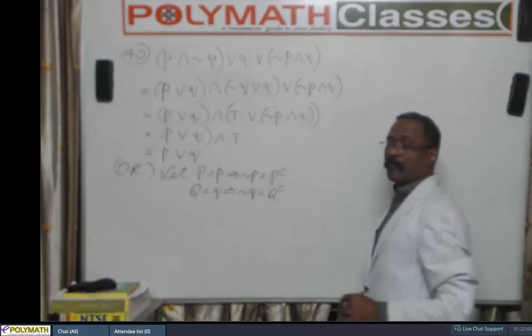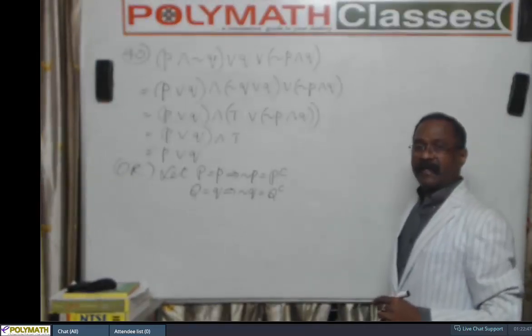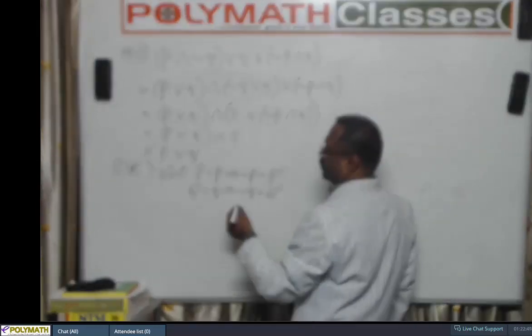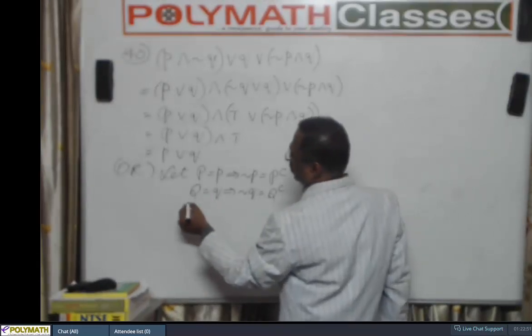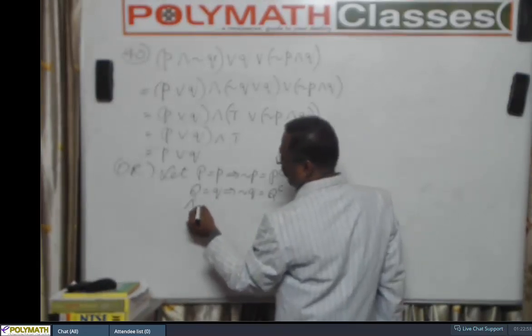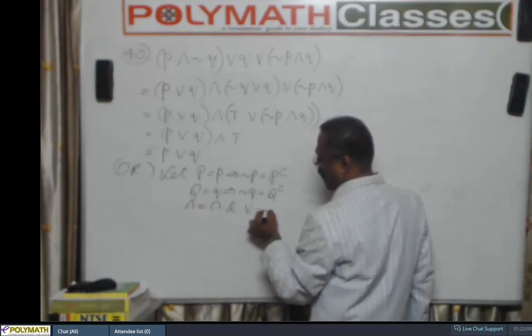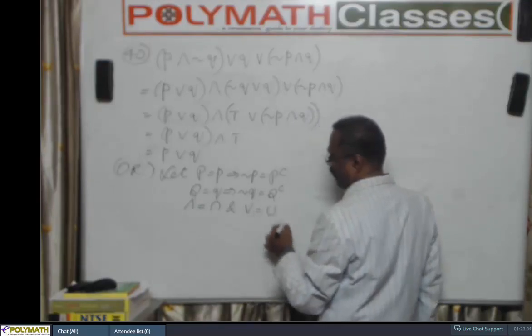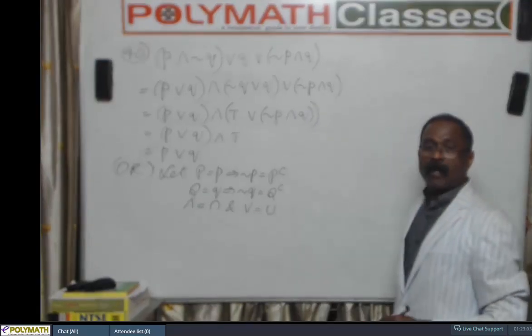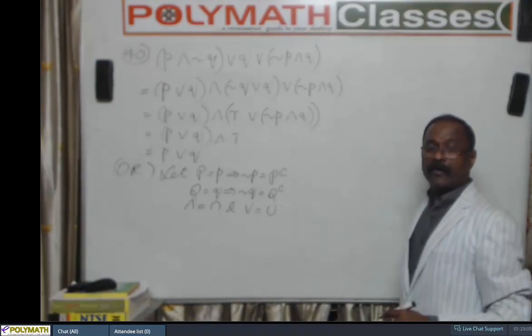Now let us rewrite the statement, and you have to treat and as intersection and or as union. Don't forget. And is intersection, or is union.